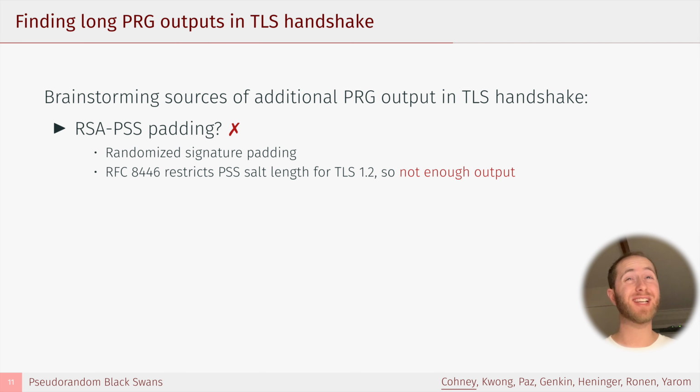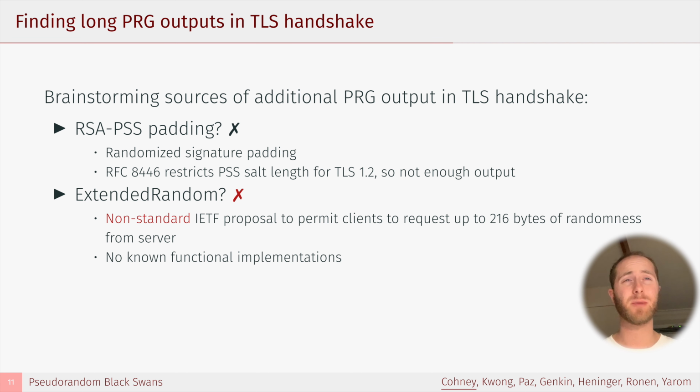RFC 8446 restricts the amount of randomized padding that can be used as part of a TLS 1.2 key exchange. What about extended random? This was a proposed TLS extension that allowed a user to request arbitrary amounts of RNG output. This was great for the Juniper attack, but unfortunately there were no implementations around for us to test. It's also non-standard, which makes it less interesting.